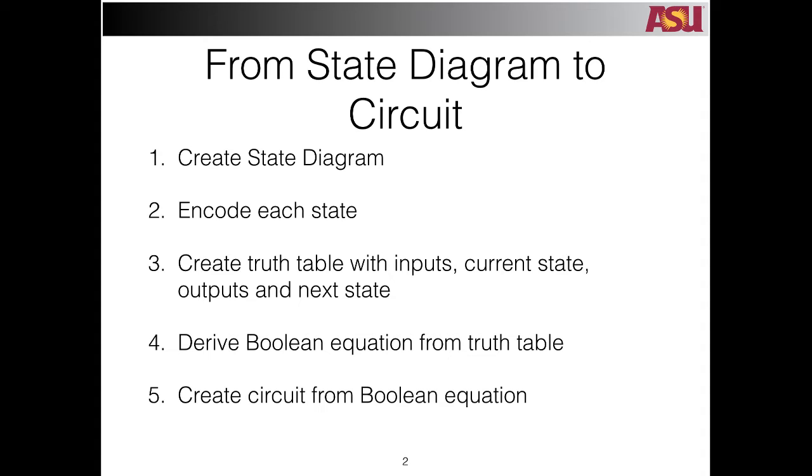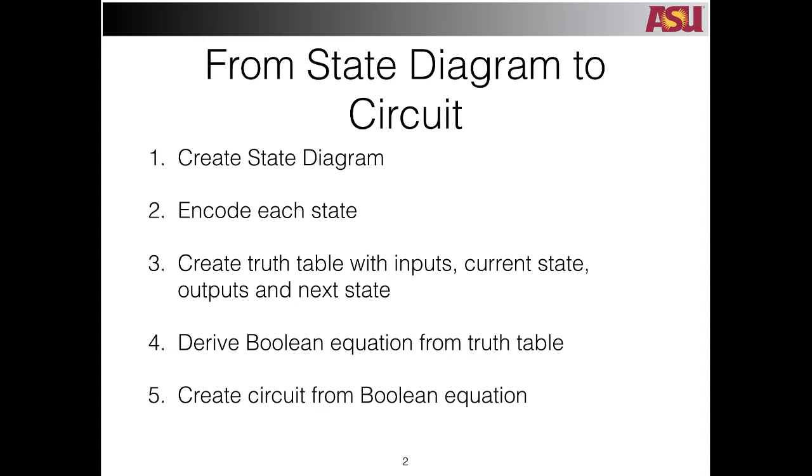So if you only have 2 states, you could use 1 bit, which is then one state would be encoded with 0, the other state would be encoded with 1. If you have more than 2 states, then you need more bits to encode them. And it's basically the same ratio as you had with the select bits for the multiplexer and the number of inputs.